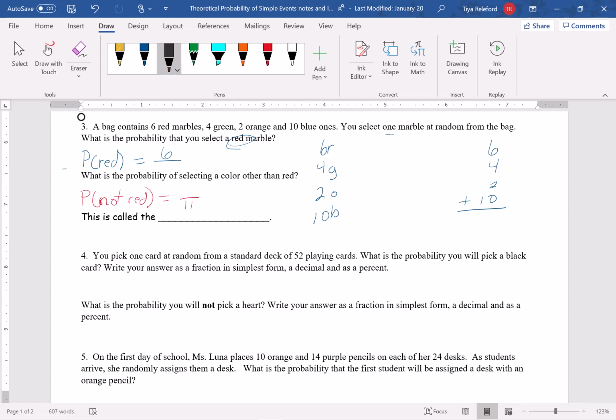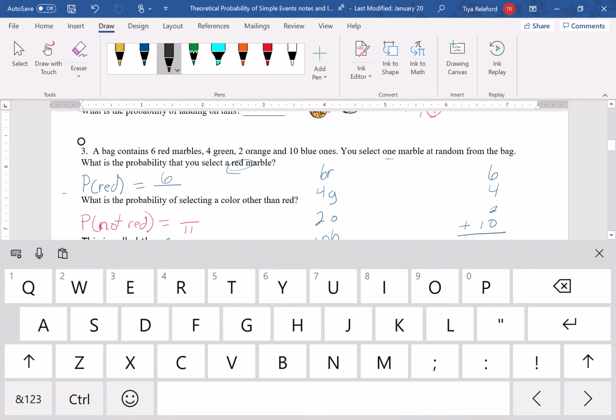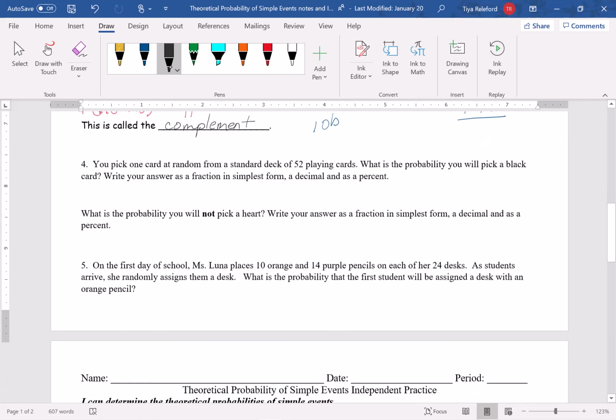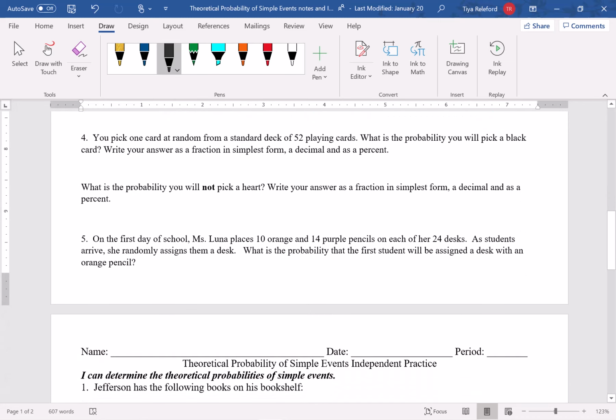If 3 out of 11 are red, that means 8 are not red. So this is called the complement. Complement is spelled with an E, C-O-M-P-L-E-M-E-N-T. A compliment when you tell somebody their hair looks nice is I-M-E-N-T.